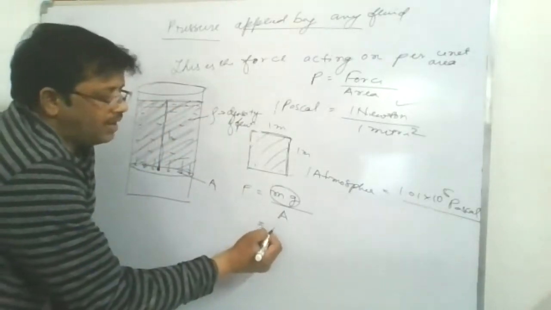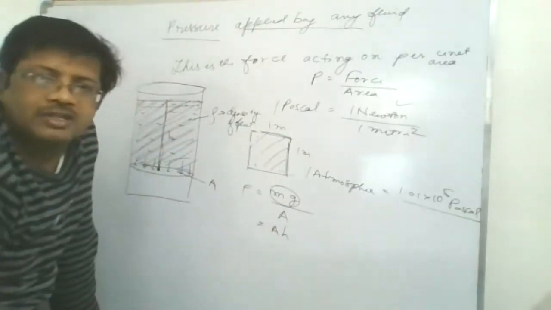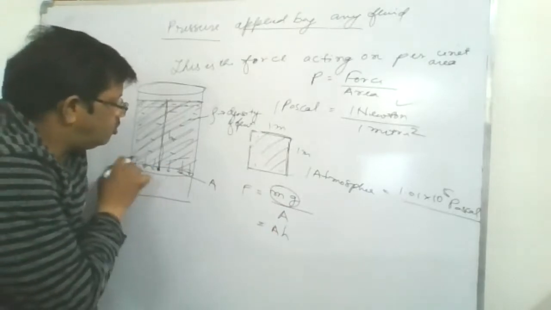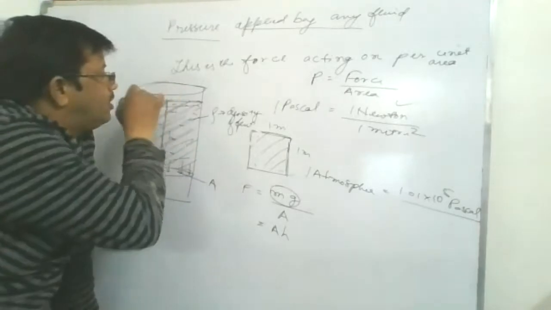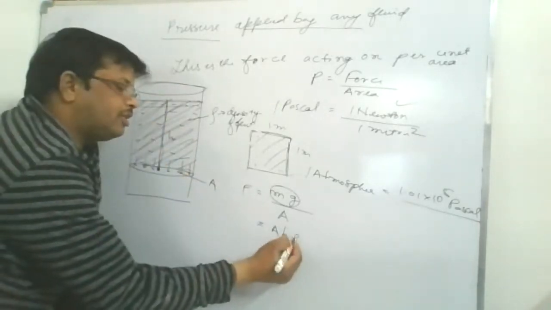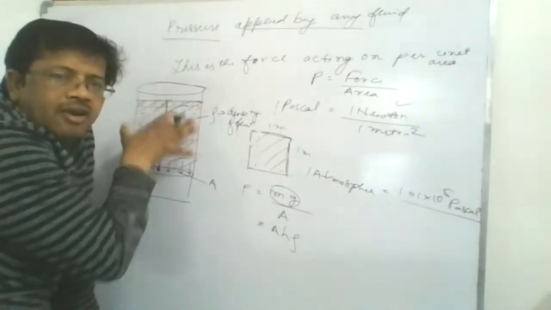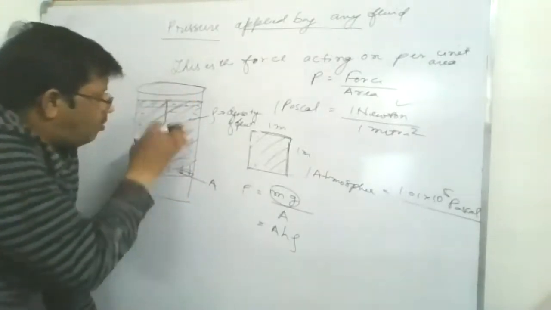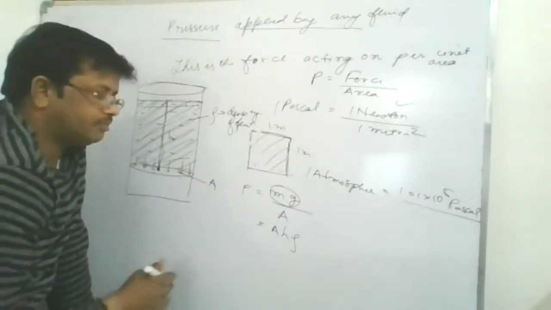Volume is equal to pi r square, or A, into H. Pi r square is the cross section area of this cylindrical portion, the circular portion of this cylinder. That is A. Pi r square H is the volume. Volume into density is the mass of the fluid. And this mass is attracted by gravity. Because of this weight force, this whole fluid will exert force over this surface.